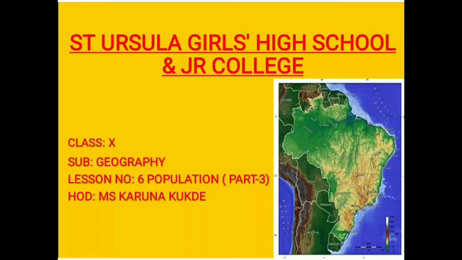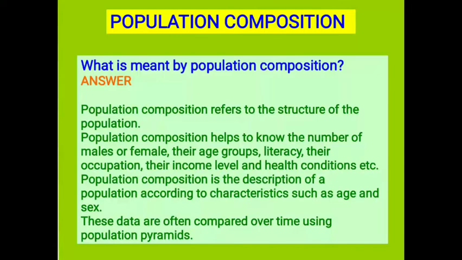Today, in this module, I'm going to provide you information about lesson number 6, Population, Part 3. Let's have a quick recap of the topics discussed earlier. In Part 1 and 2 of this lesson, we have learned about the distribution of population of both India and Brazil.